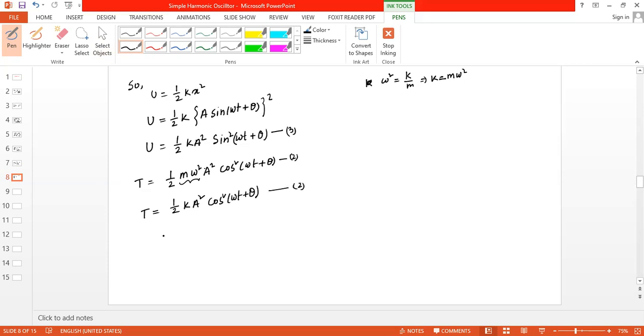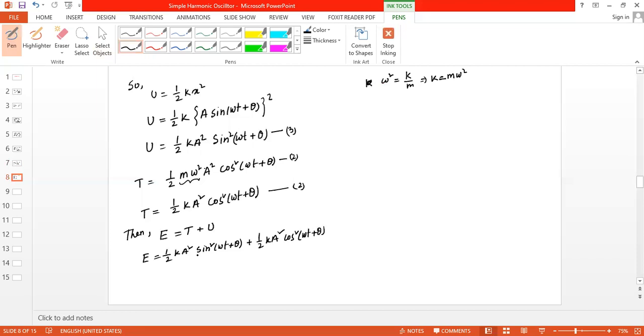So then we can write E equal to T plus U. So this is basically 1/2 k a square sin square (omega t plus theta) plus 1/2 k a square cos square (omega t plus theta).